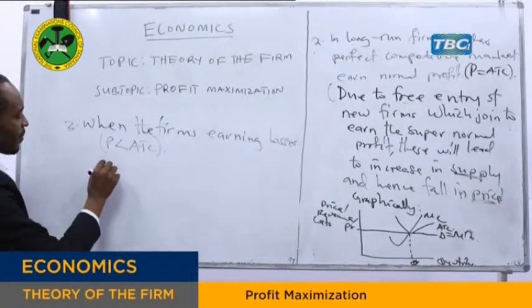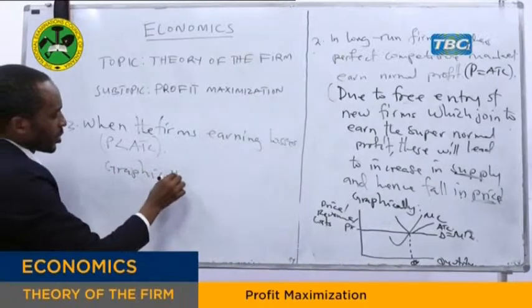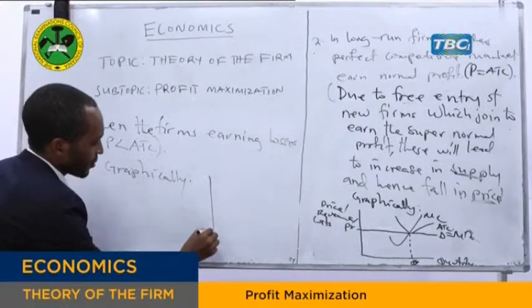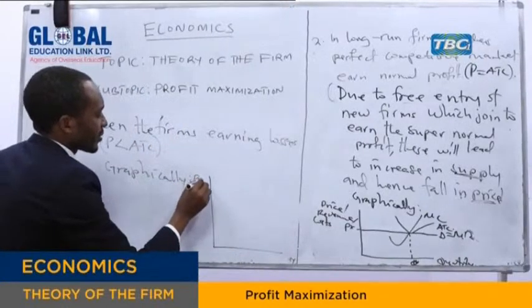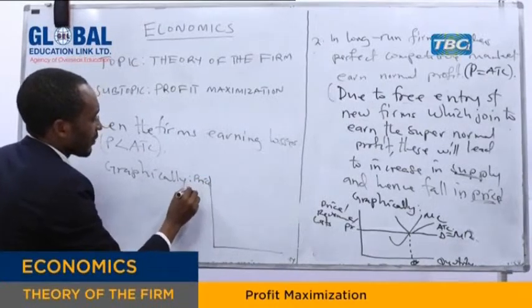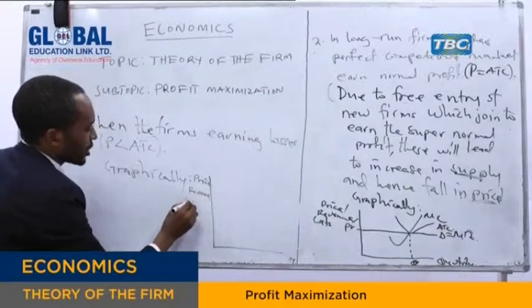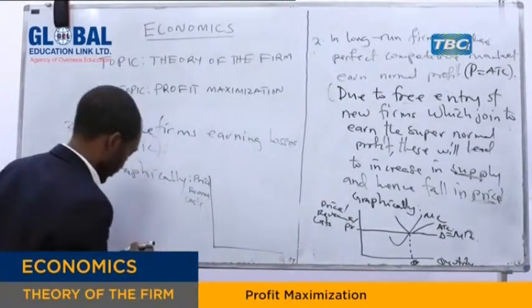So graphically, here is price, or revenue, or cost, and here is quantity.